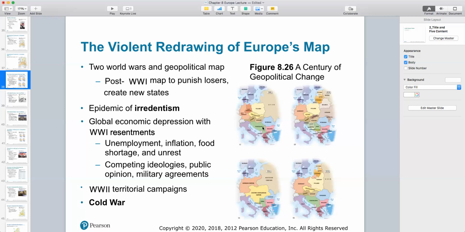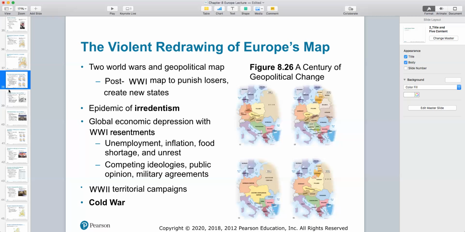But we also see Yugoslavia broken up into several different ethnic groups: Croatia, Bosnia, Serbia, and so forth. So we can see that this area has had rapid changes throughout the 20th century with its borders, and most of the changes corresponded to the world wars happening in that century.